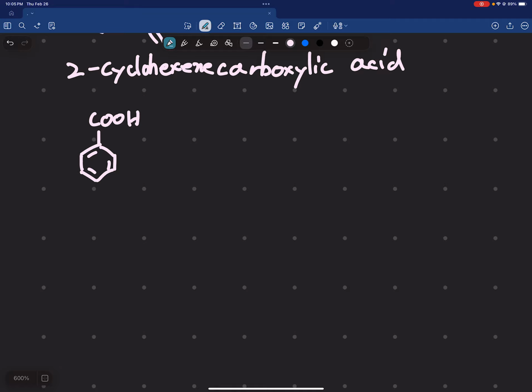If I had an OH group here, this will be 1, and that will be 2. So this will be 2-hydroxybenzoic acid, otherwise known as salicylic acid.